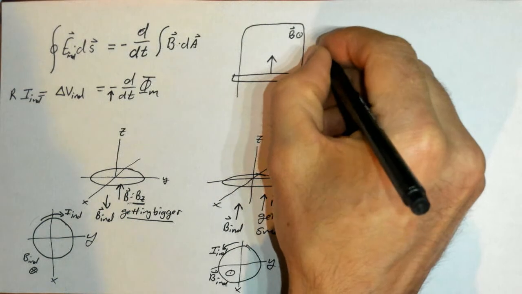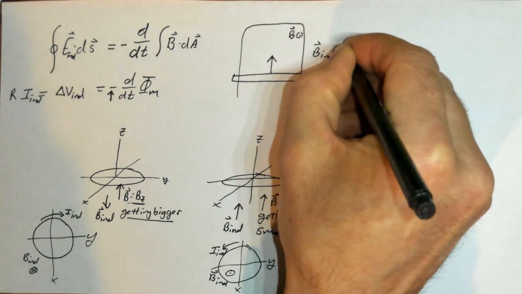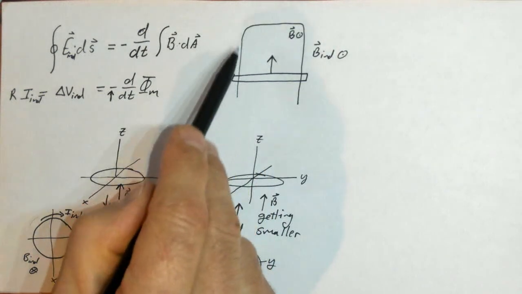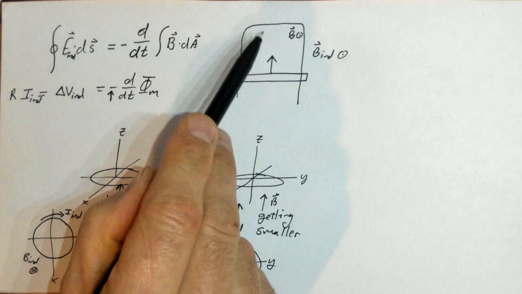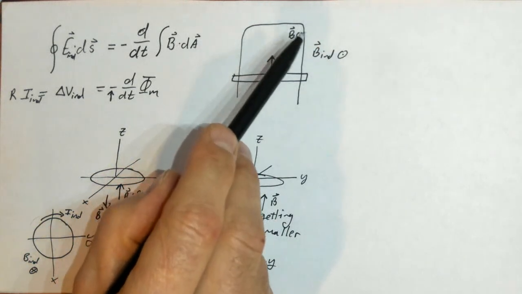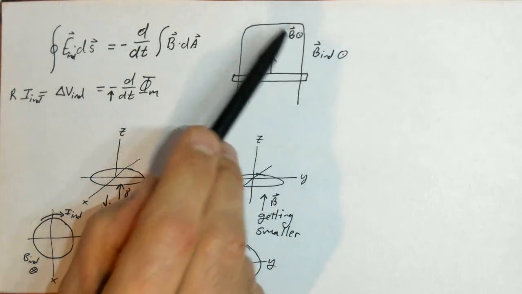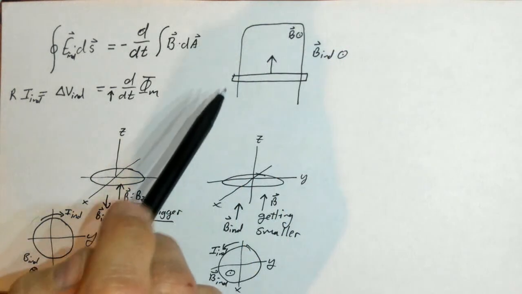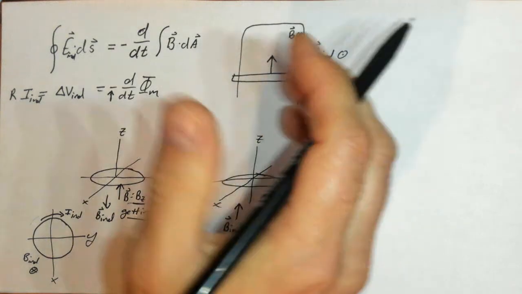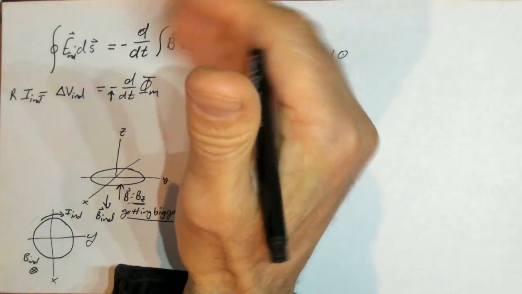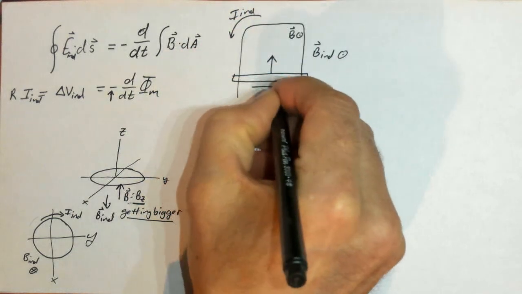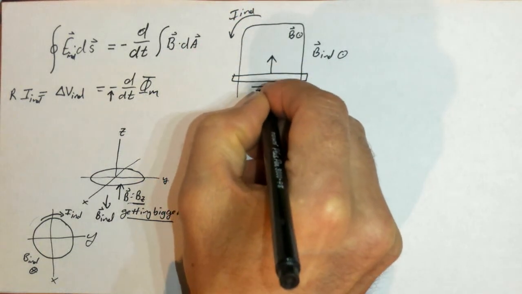So B induced is out. Again, this flux is getting smaller because the area within this loop is getting smaller as this rod gets closer to the other end. So B field's out, getting smaller, so the B induced stays in the same direction to try and keep it from getting smaller. Well, what current would be created to create an outward B field? My thumb's outward, my fingers curl this way, so I should get a current flowing this way, my induced current, which means across the bar, it would be that way. That would be I induced.